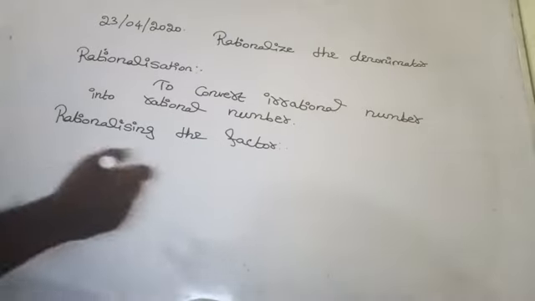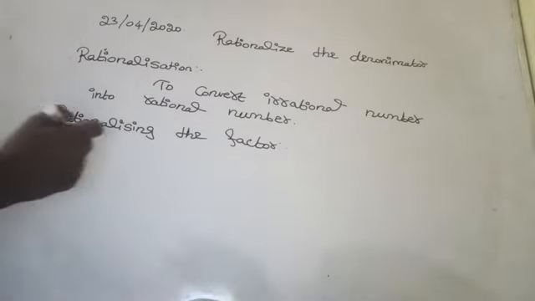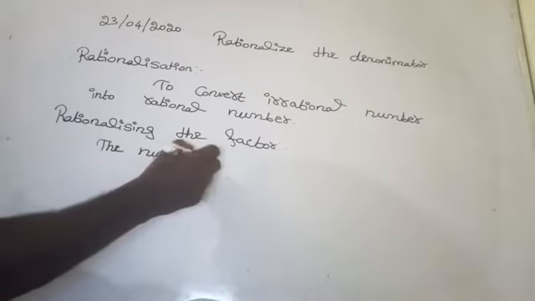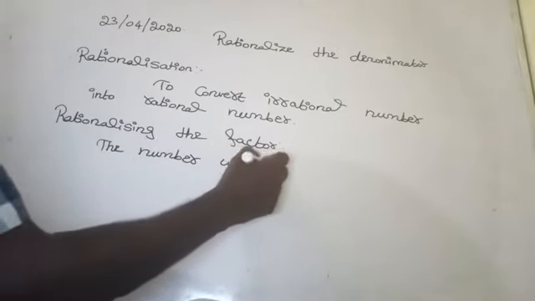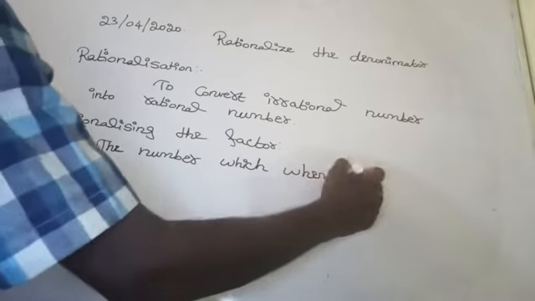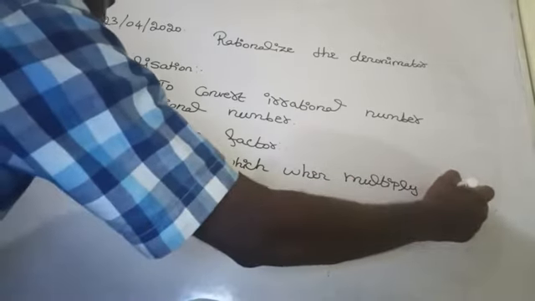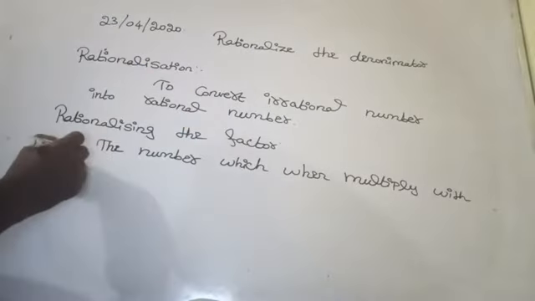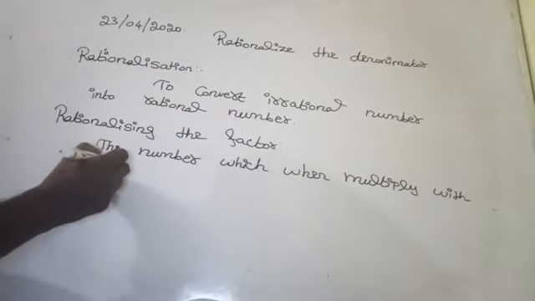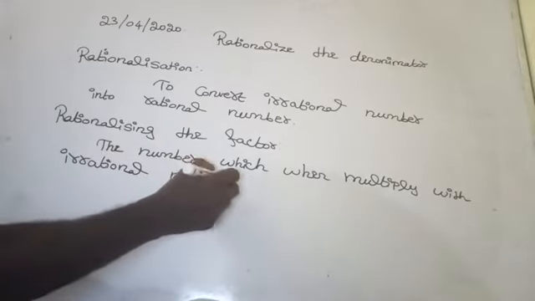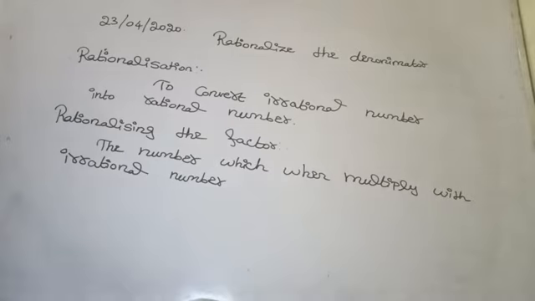For example, first you write the definition. The number which when multiplied with an irrational number, with some factor, gives the result as a rational number.